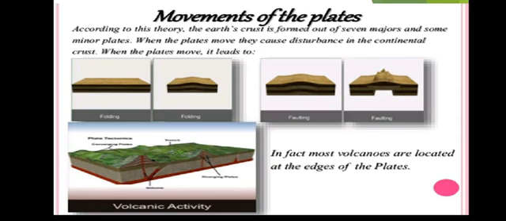One is your convergent boundary, divergent boundary, and transform boundary. These are 3 types of movements actually: convergent, divergent, and transform.